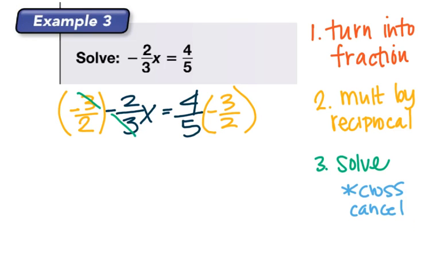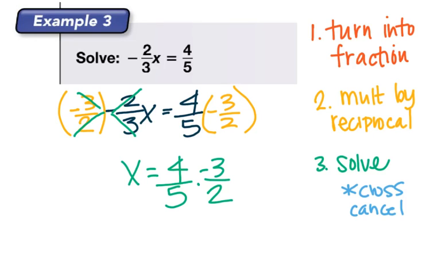So the negative 3's cancel out, our 2's cancel out, and we're left with x equals 4 over 5 times negative 3 over 2. And looky there, I can cross cancel my 4 and my 2. So I end up with a negative 6 over 5.